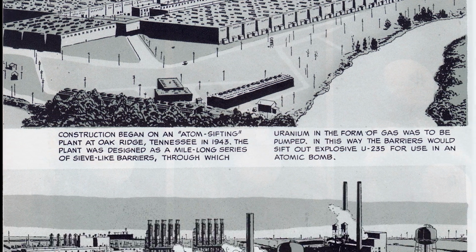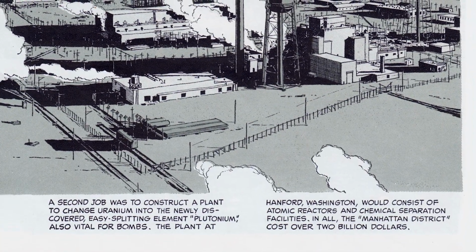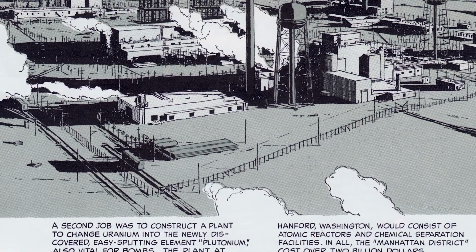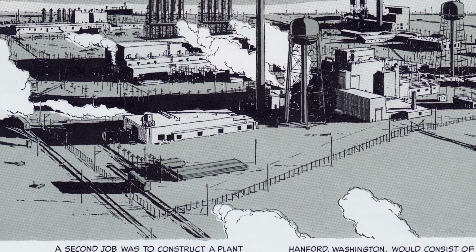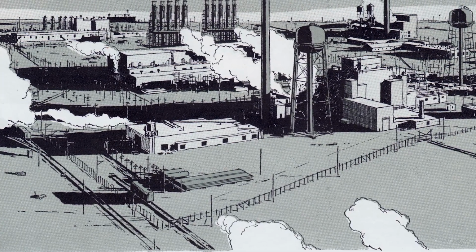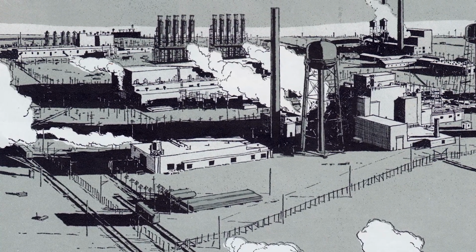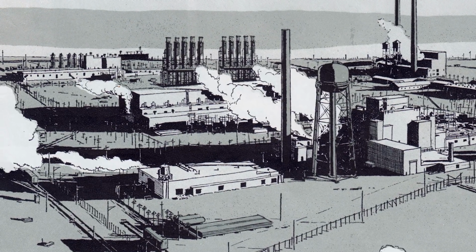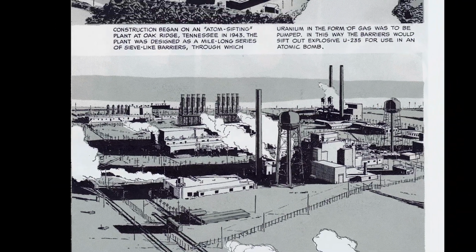A second job was to construct a plant to change uranium into the newly discovered easy-splitting element plutonium, also vital for bombs. The plant at Hanford, Washington, would consist of atomic reactors and chemical separation facilities. In all, the Manhattan District cost over $2 billion.